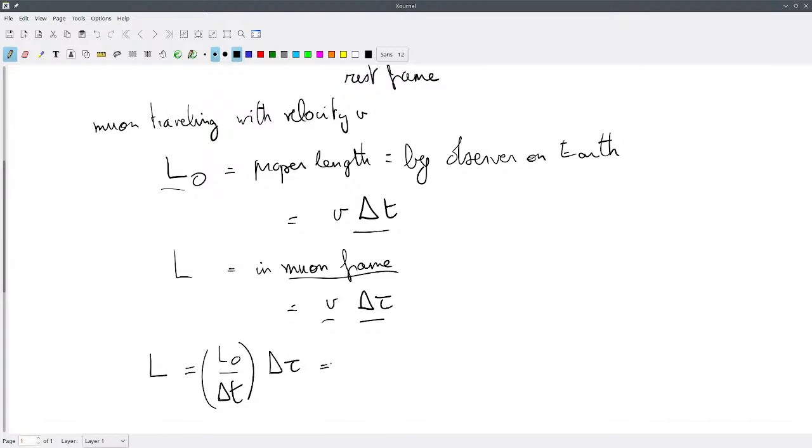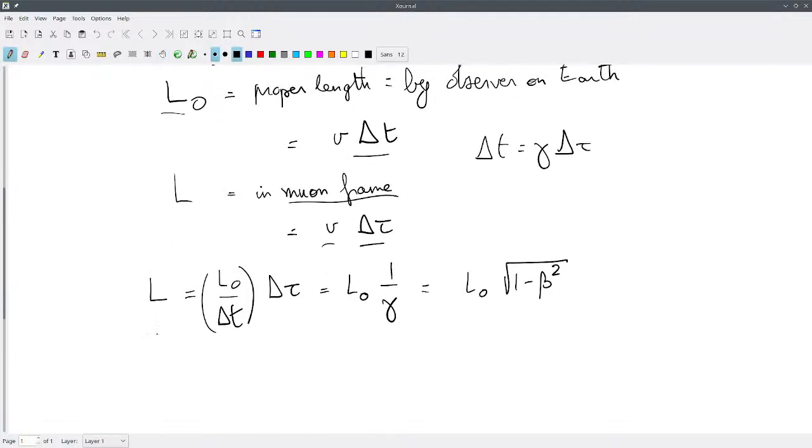Now, because delta t is equal to gamma delta tau, that will be L0 times 1 over gamma. Or in other words, it actually is L0 times the square root of 1 minus beta squared, if we plug in the expression for gamma.